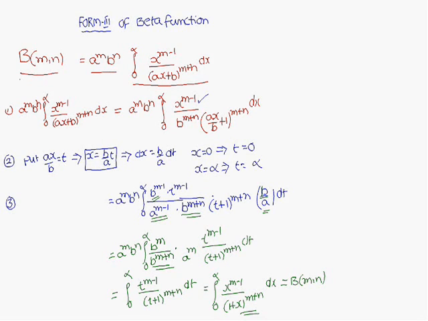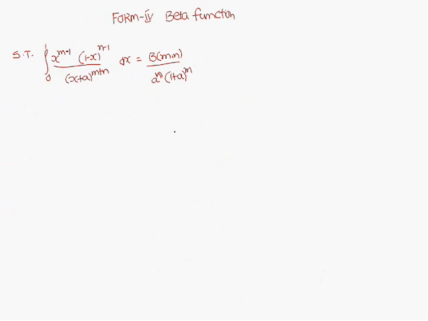Similarly, we are going to do form 4 of the beta function. In the first step, consider beta(m, n). Beta(m, n) is equal to integral 0 to 1 x^(m-1) (1-x)^(n-1) dx.